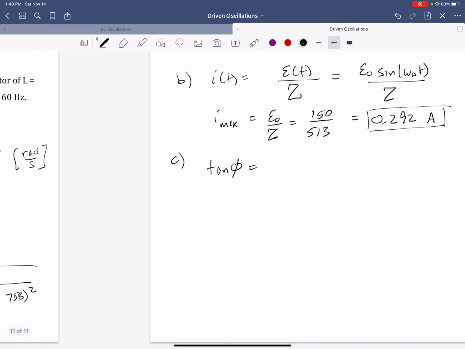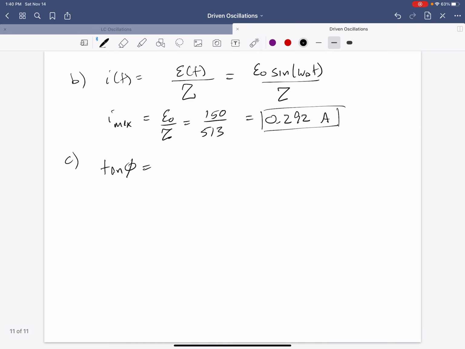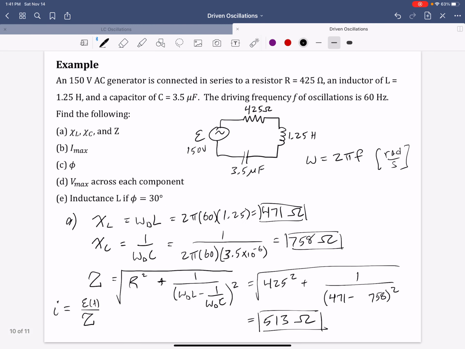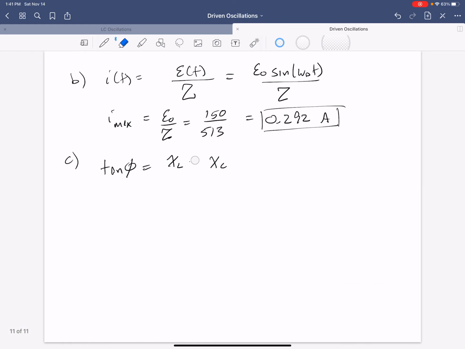Tangent of phi was basically the total reactance, chi L minus chi C, divided by the resistance. That is our total tangent of phi.